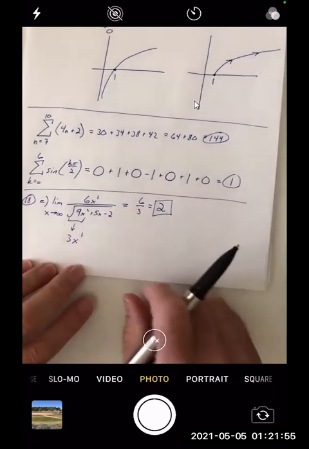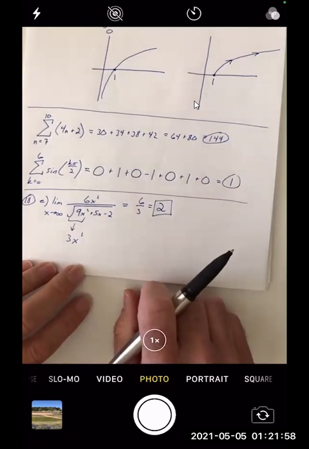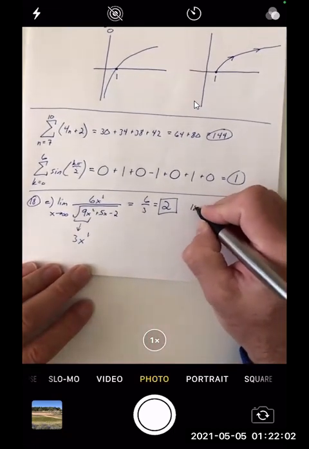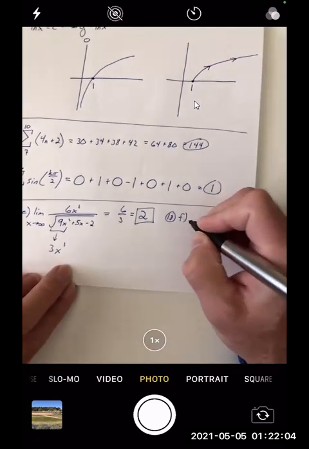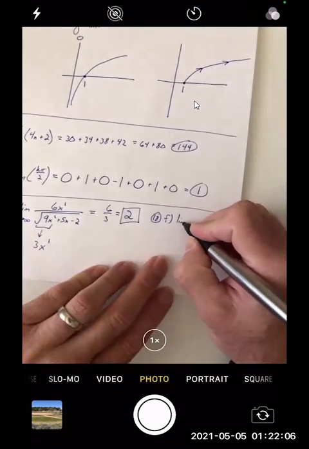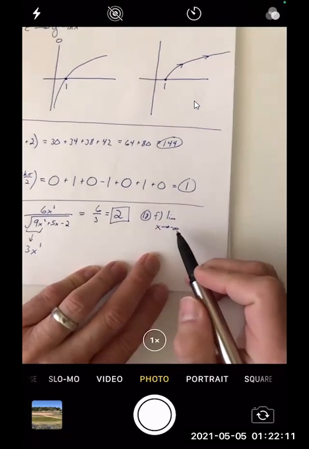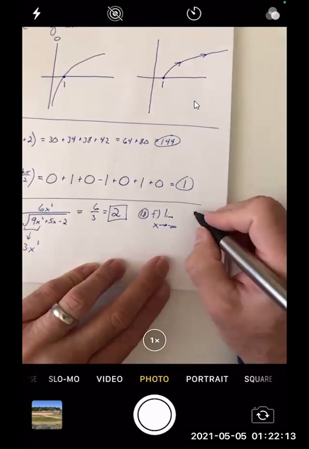So on F, it's the same function, but the x changed. So instead of going off to positive infinity, it went off to negative infinity.